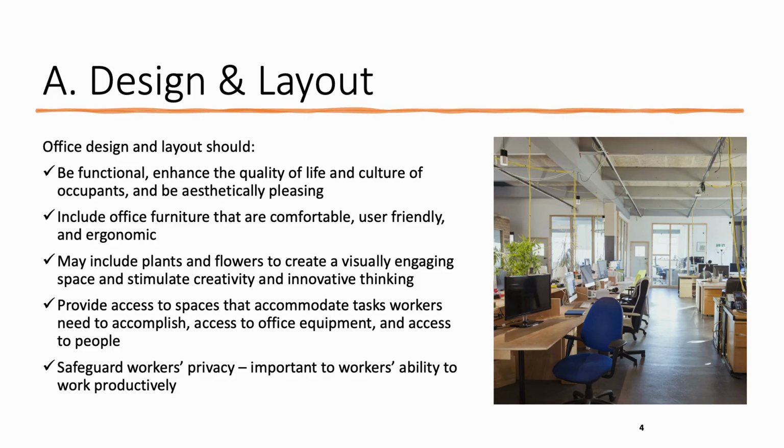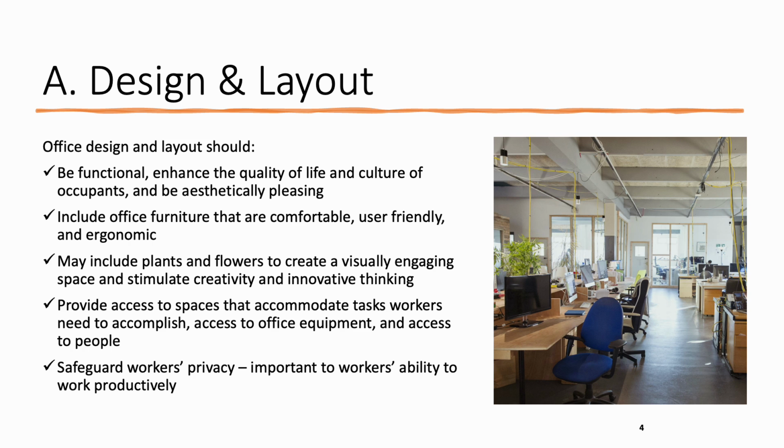In terms of the design and layout, the office ideally should be, firstly, both functional and aesthetically pleasing and include comfortable, user-friendly and ergonomic office furniture, as well as plants and flowers to create a visually engaging space and stimulate creative thinking. Secondly, provide access to spaces that accommodate tasks, access to office equipment, and access to people.